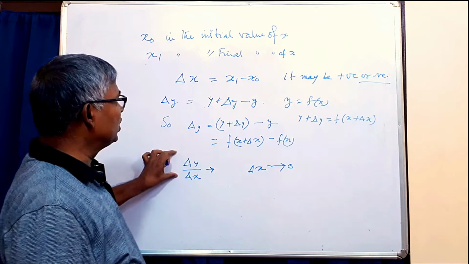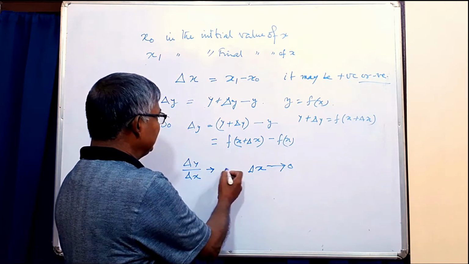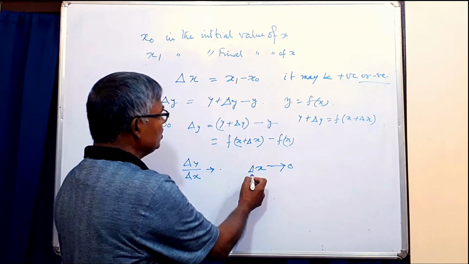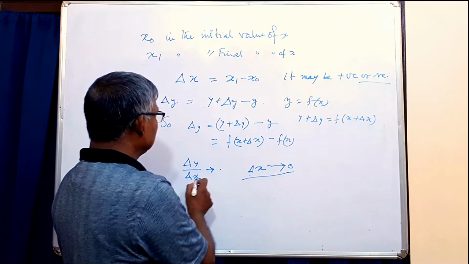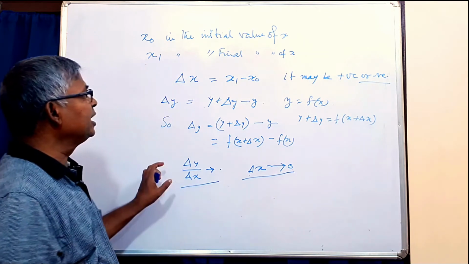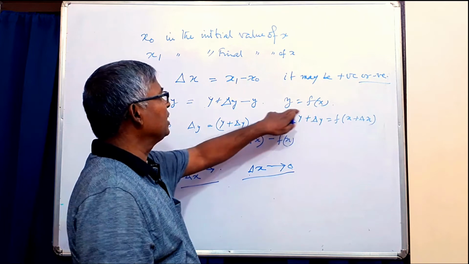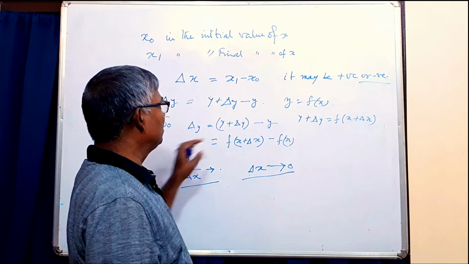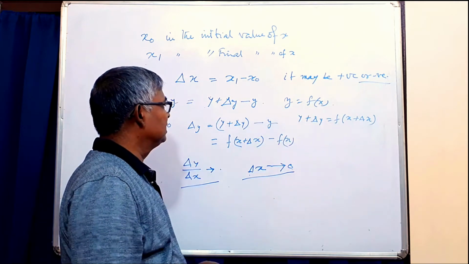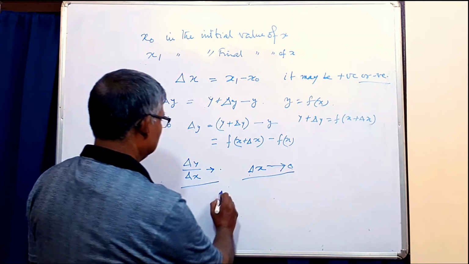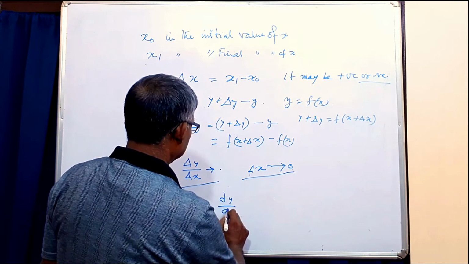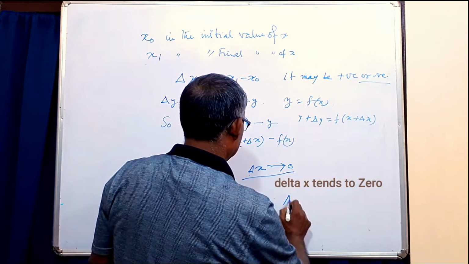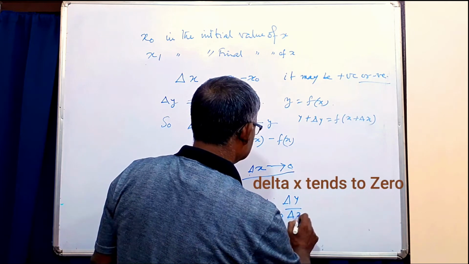If this ratio gives a finite definite value as delta x tends to 0, then this limiting value is called the derivative of the function f(x), y equal to f(x), or the differential coefficient of the function f(x), and is written as dy/dx equals limit delta x tends to 0 of delta y by delta x.